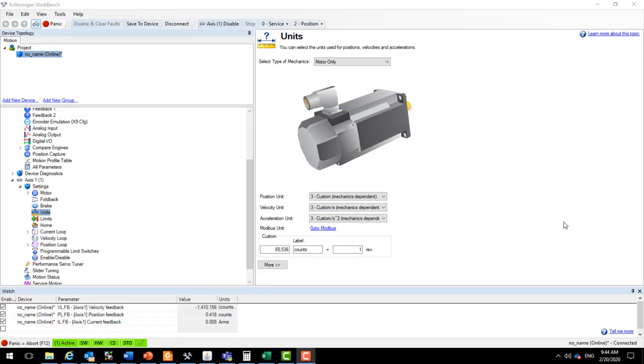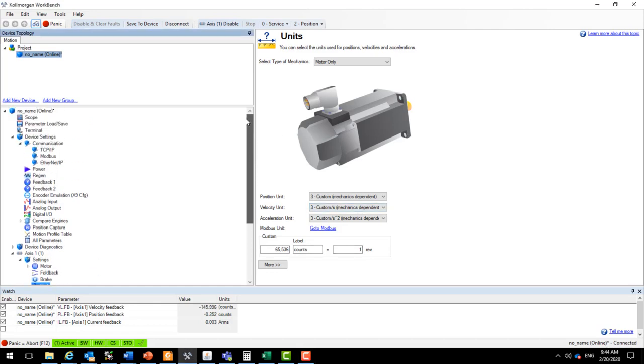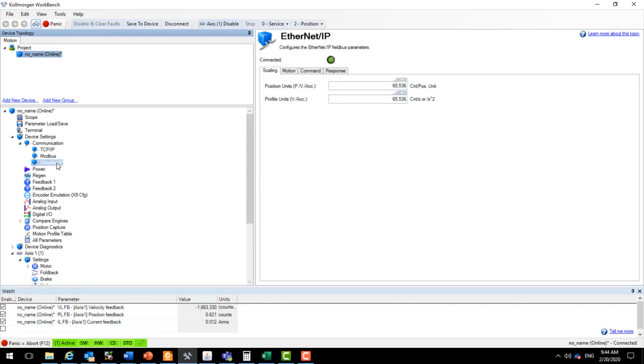To prove a point about units, I'm going to give you a demonstration. In the first demonstration, I have the unit set up as recommended for best practices, 65,536 counts per motor rev of Workbench units, which is consistent with the scaling, and the formula that we previously covered gives the same resolution of 65,536 counts per rev.